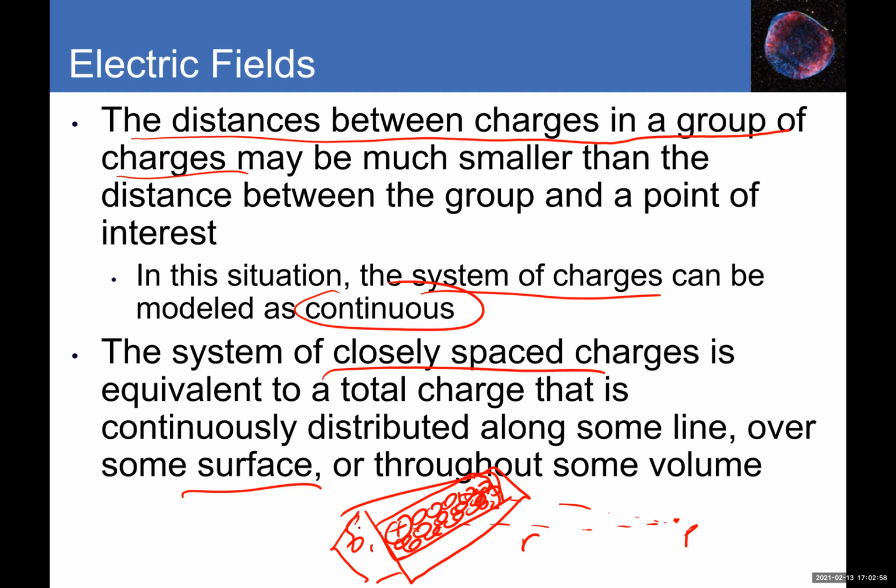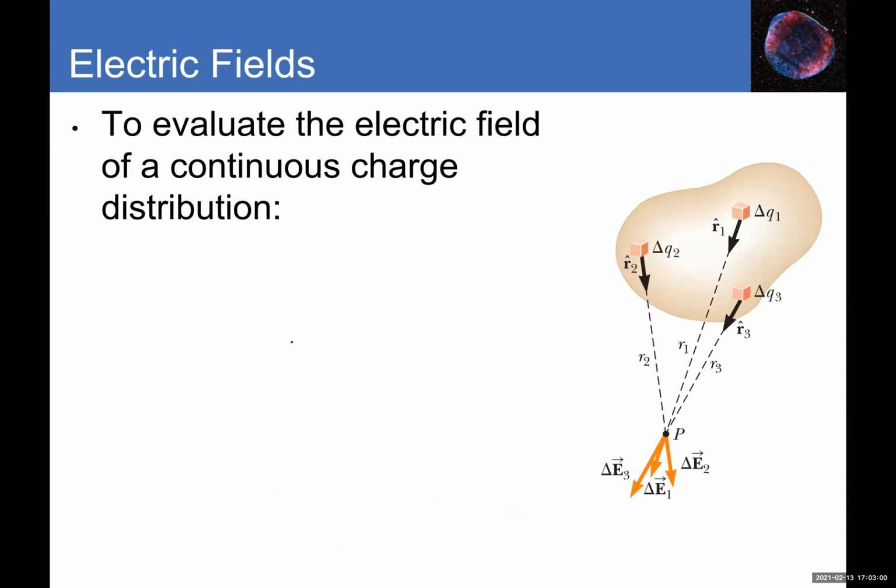All right. So for example, let's look at some kind of object. Again, it's some general shape, but let's say this could be an object, or a region where charges are very, very closely spaced, and some point of interest.